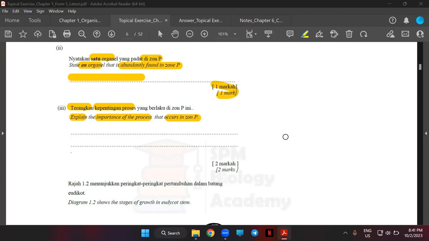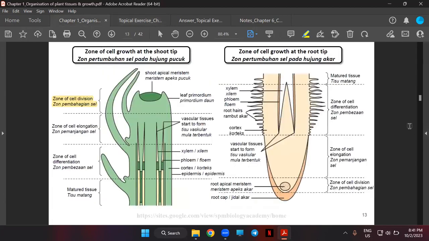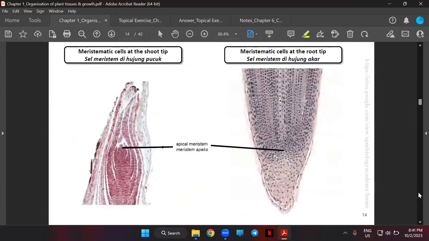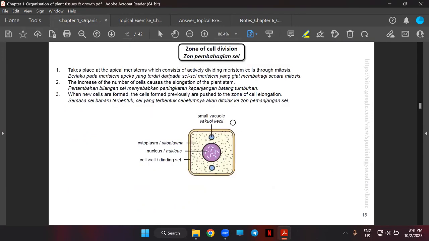Okay, so first, let's write the importance of the process, kepentingan proses. So apa yang berlaku di zone of cell division, what is the process? Cell division. Yes or no? So let's look at our notes. Okay, this one. So markah pertama ialah, the first answer should be: increases the number of cells.